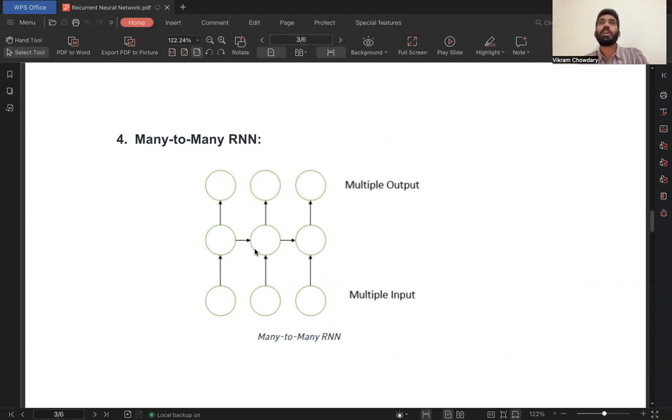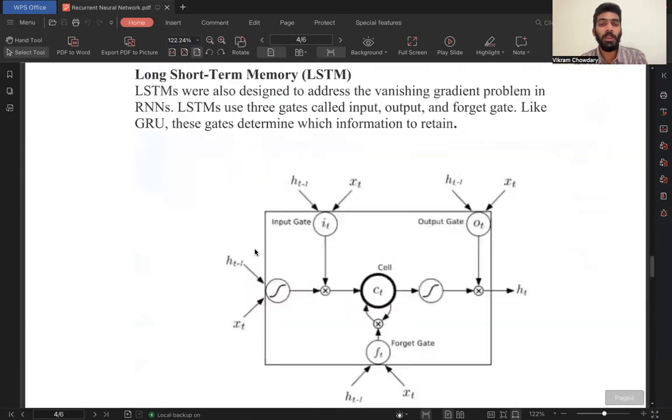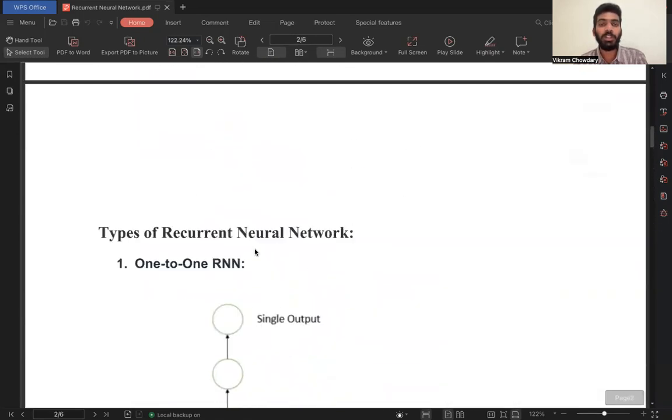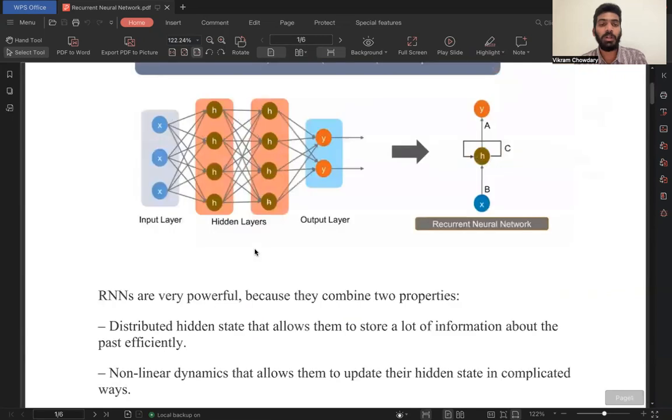As we all know, every neural network has pros and cons. RNN is the same; it has advantages as well as disadvantages.